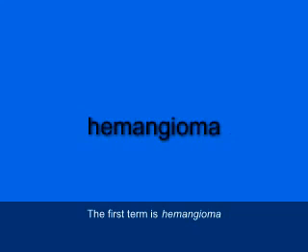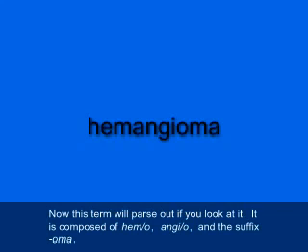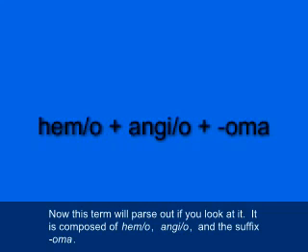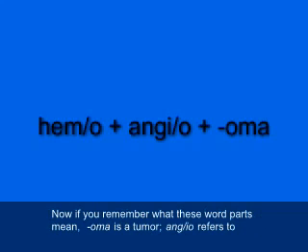The first term is a hemangioma. Now this word will parse out if you look at it. It's composed of hemo, HEM/O, angio, ANGI/O, and the suffix oma, OMA.